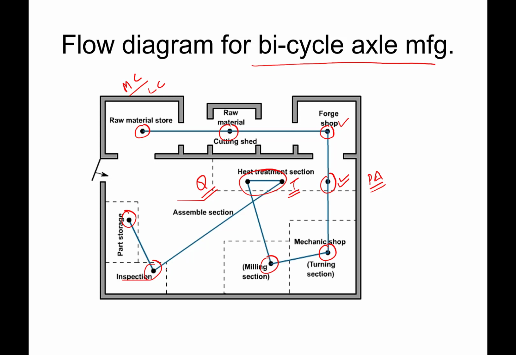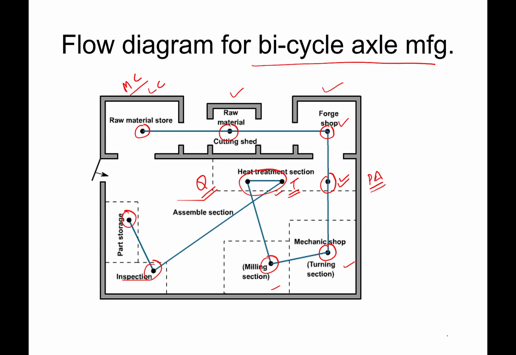What it shows is that here, all cutting, all forging, all machining sections, and all heat treatment are grouped together. So this is the process layout, and the good part is that the movement is also not very zigzag, so it's fine.